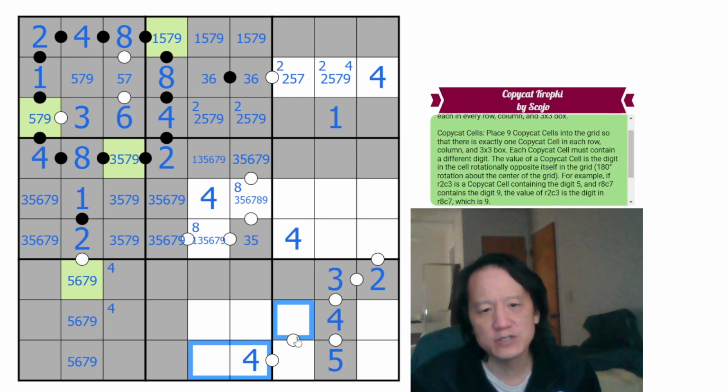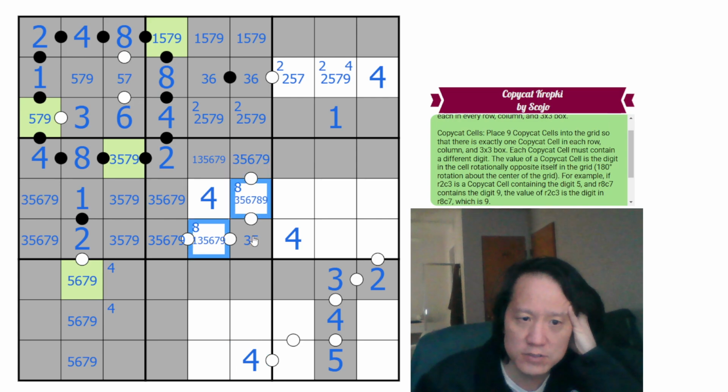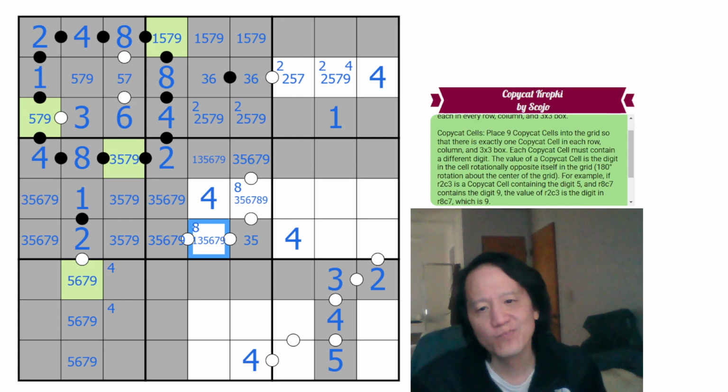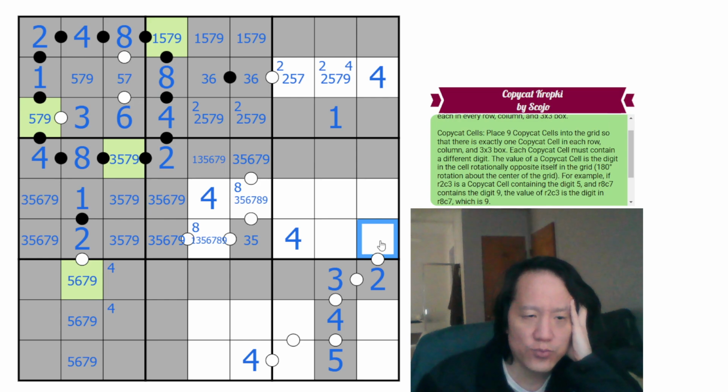This has to, well, we don't know because we don't know this is necessarily 4. We still don't actually know what this is. This can't be a value of 2, so therefore this cannot be the copycat cell. But these could actually work. So we don't know what that is. So this could be 1 also. This has to be a 1 or a 3 in value, and this would not be 3 or 1 if it's copycat.